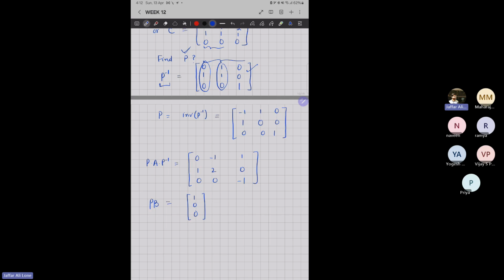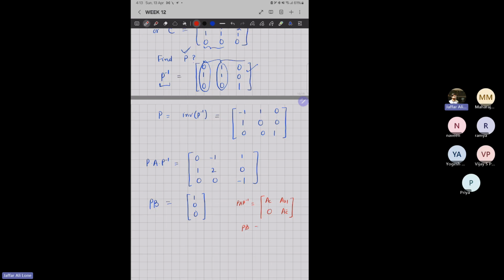Now see, I'll write again here. Just try to understand. P A P inverse should be equal to [AC, A12; 0, AC bar].